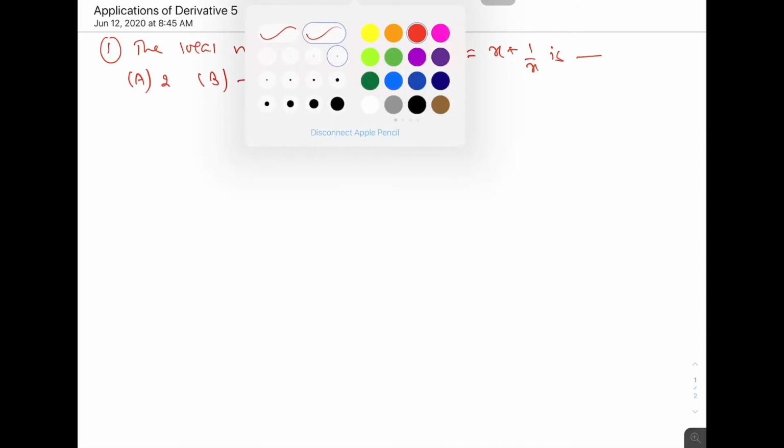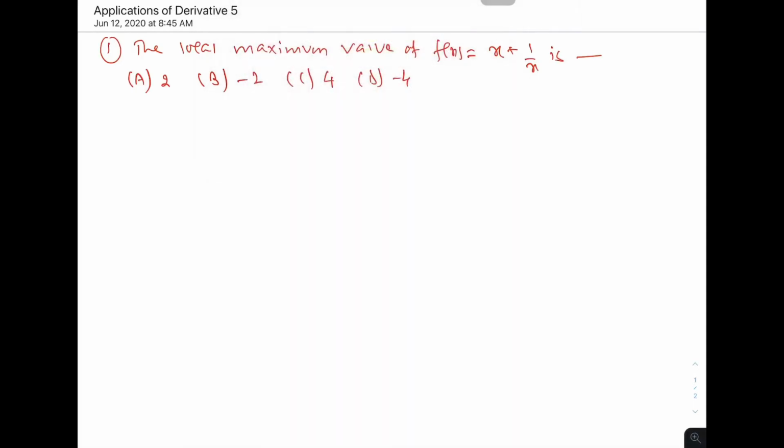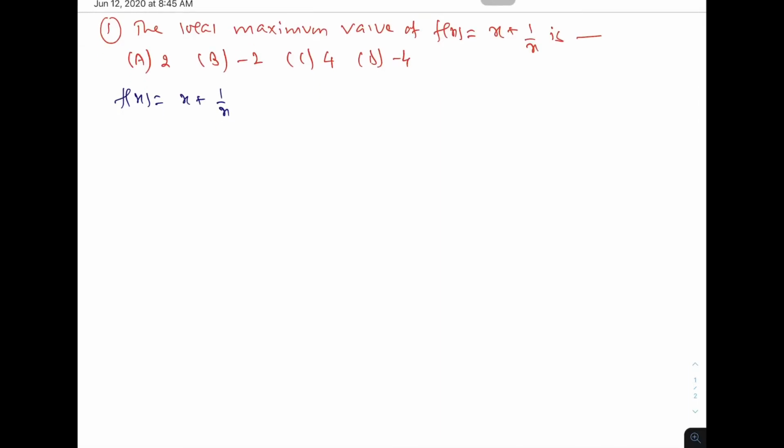Now see here we are having f(x) is x plus 1 over x and its derivative is 1 minus 1 over x square. Now for critical points we take f dash x equal to 0.